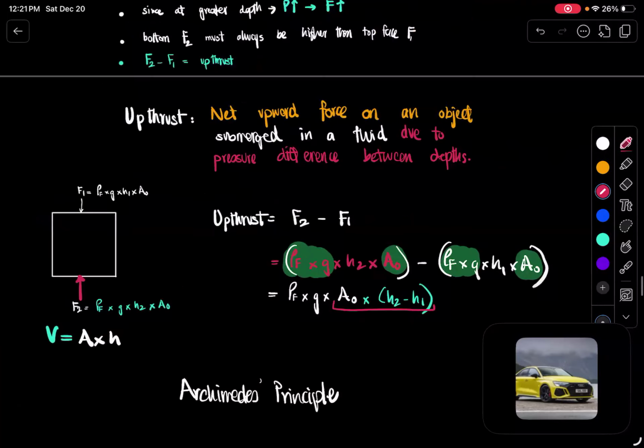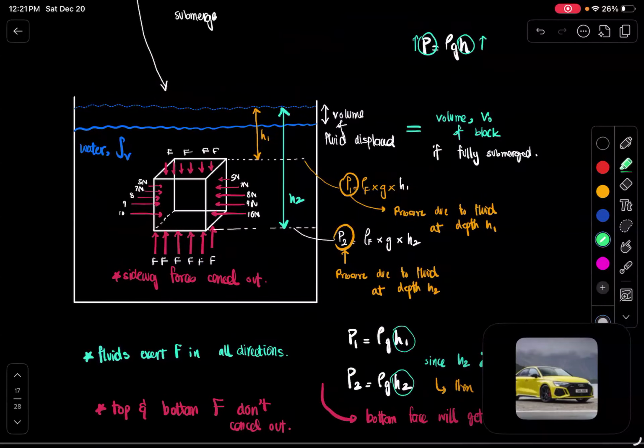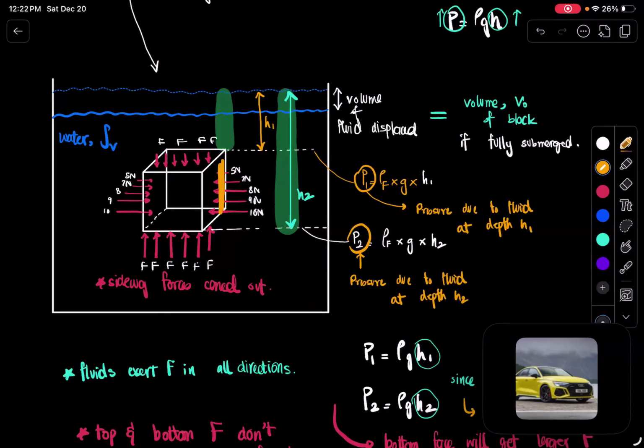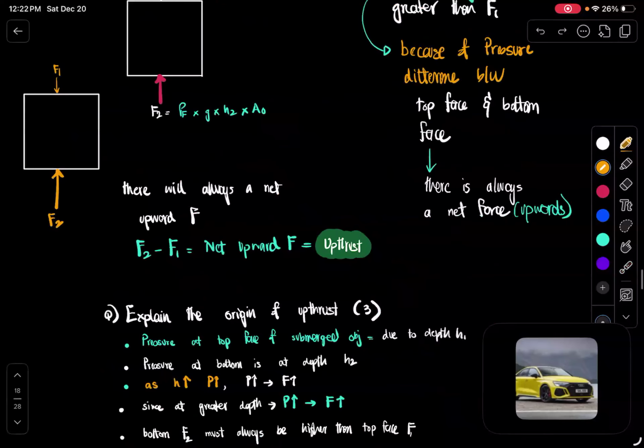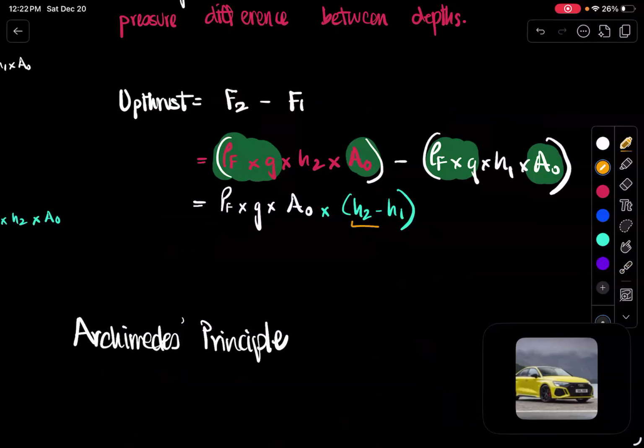Because h2 was this distance, and h1 was this distance, so if you subtract h2 minus h1, doesn't that leave you with this h? h2 was the depth of the bottom from the top, and h1 was the depth of the top face. So h2 minus h1 is the height of the object.